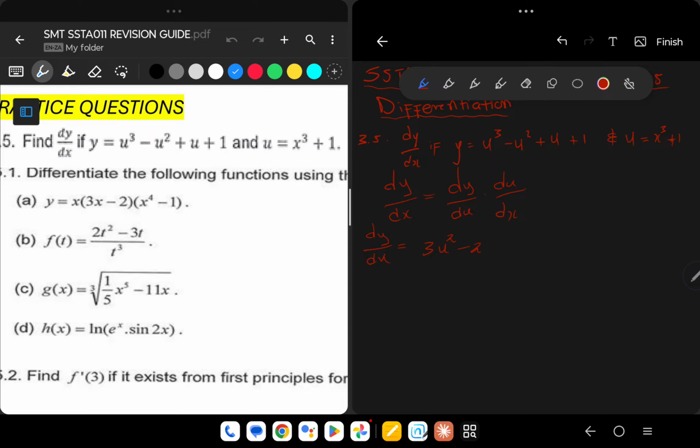It's gonna be negative 2u, and then 2 minus 1 is just 1, and then the derivative of u is you bring 1 down and then you minus 1 from the exponent, which is just u to the power of 0, and u to the power of 0 is just 1, and 1 times 1 will just give you 1.